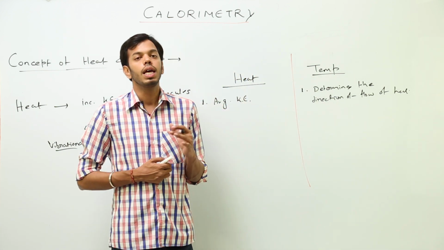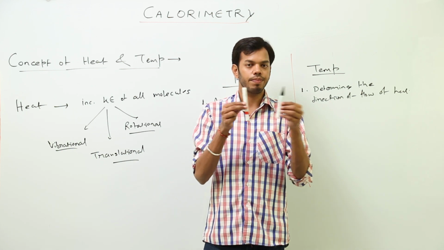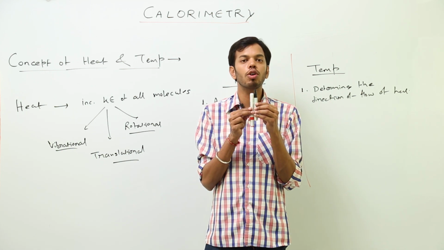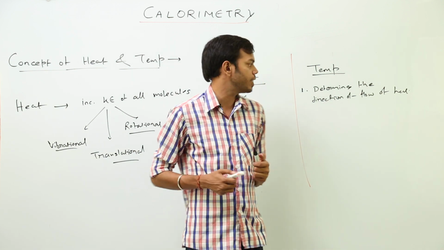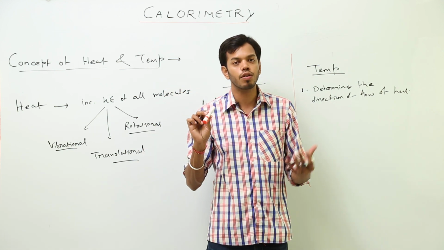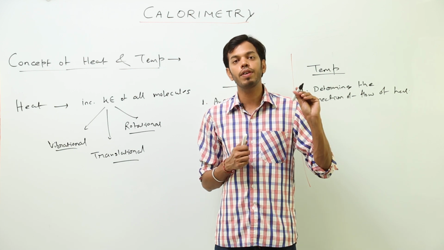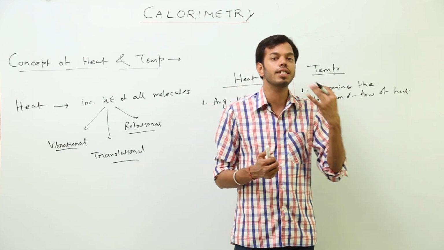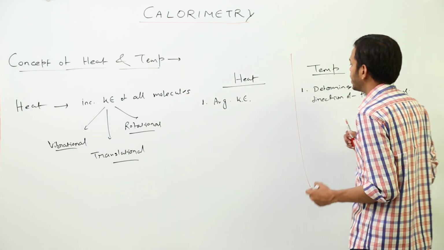For example, take a body at higher temperature and a body at lower temperature and get them in contact: the heat will flow from the region of higher temperature to the region of lower temperature. Because the lower temperature molecules are in want of some energy, whereas the body at higher temperature already has an excess of energy, so energy will flow from the higher to the lower, to the point where it is being demanded.